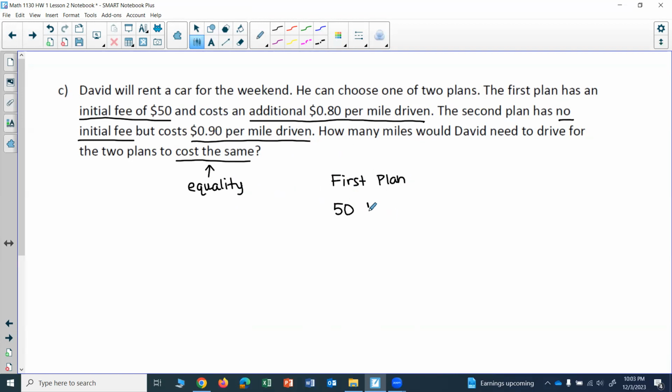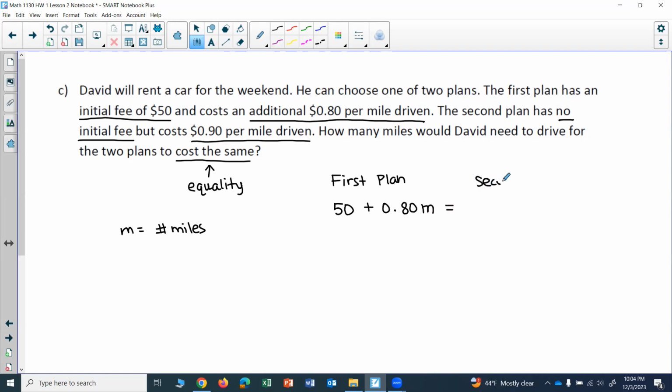So additional means I'm adding, and I would add 0.80, and I'm going to let m equal the number of miles. So I would have 0.80 times m.